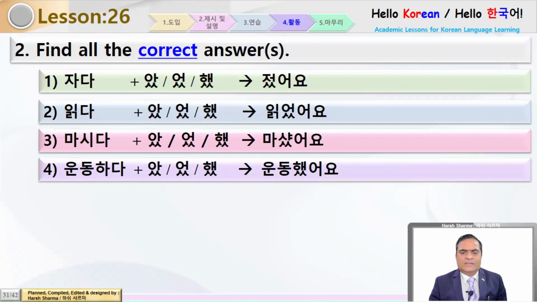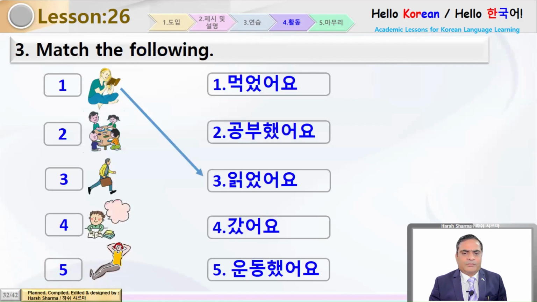Find all the correct answers. This quiz is for conjugation checking. Are you able to do the right conjugation or not? Check very, very carefully. There are small errors in this. I hope you can find them. Number 3. This is match the following. These pictures are the same.